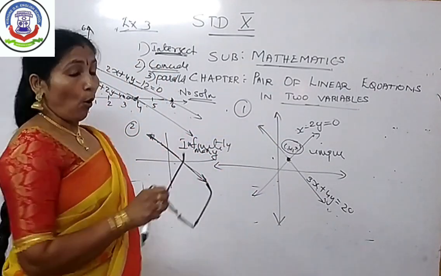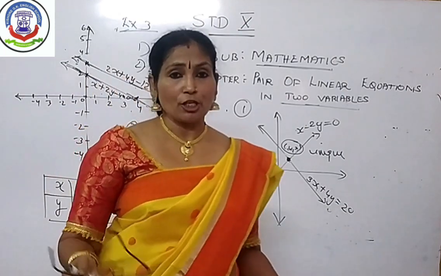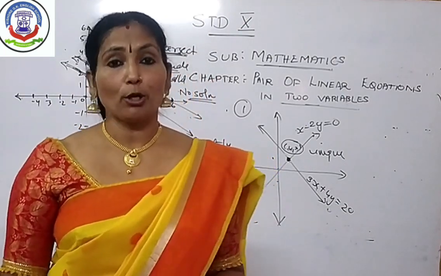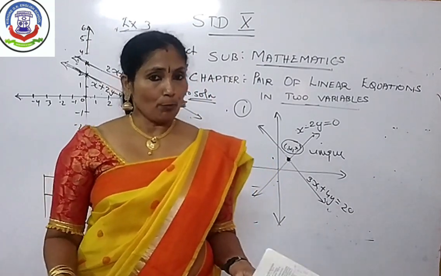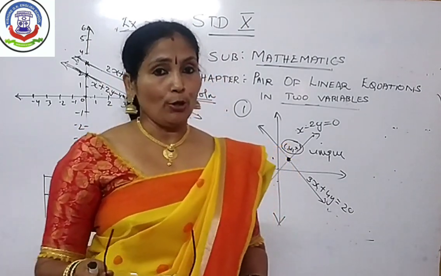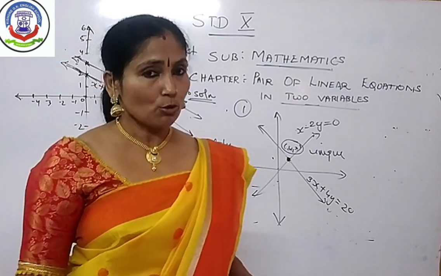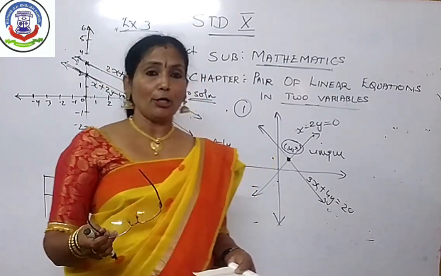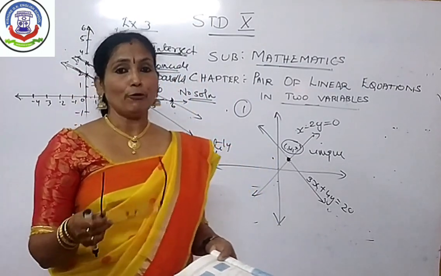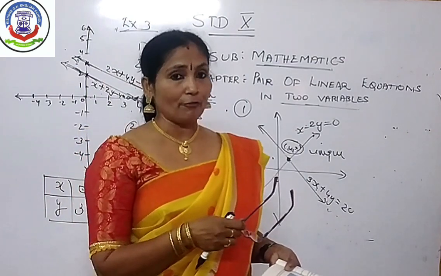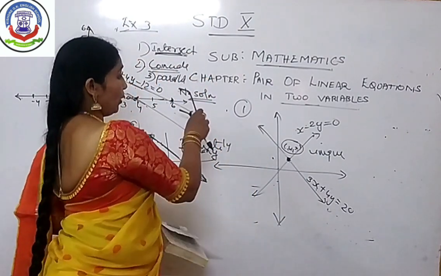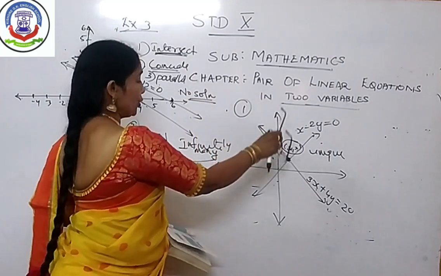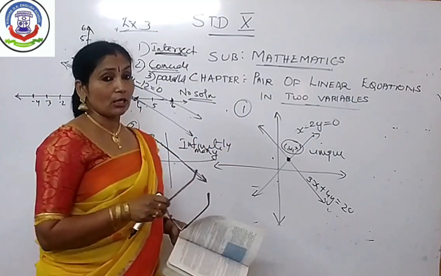But a geometrical representation is not always possible, because you have to find the solutions, and that is not always possible by graph. In that case, what will you do? You have to use some alternatives also. I can explain that in the next class: how will you find out, without drawing the graph, whether there is no solution, a unique solution, or infinitely many solutions?